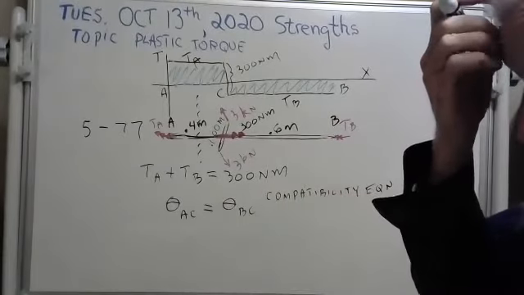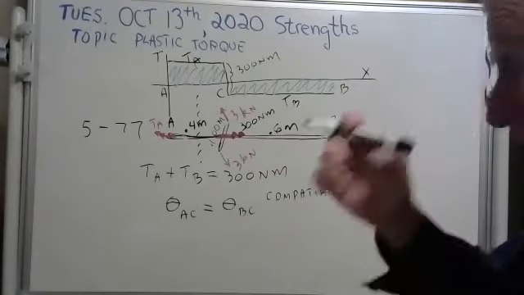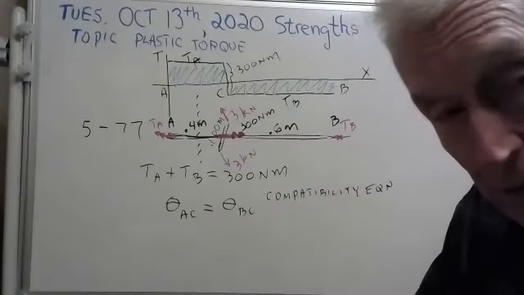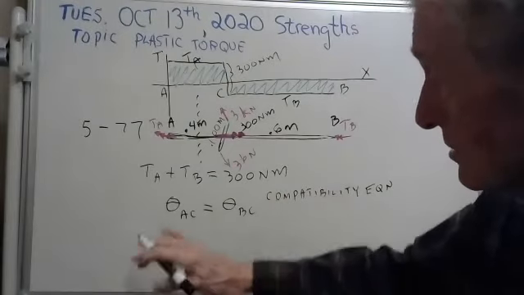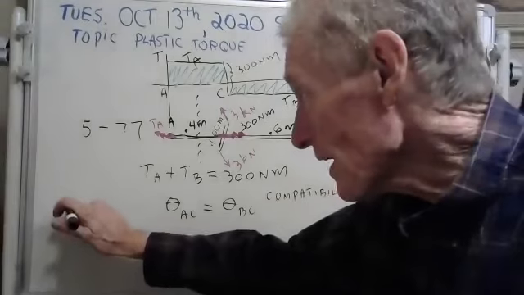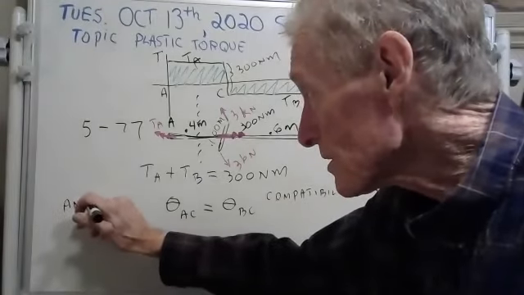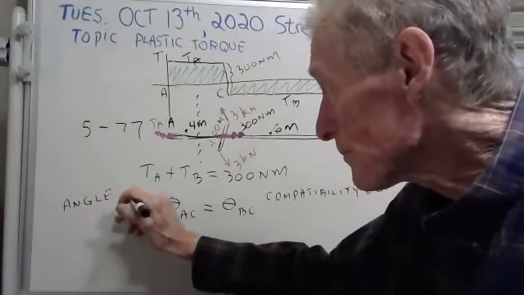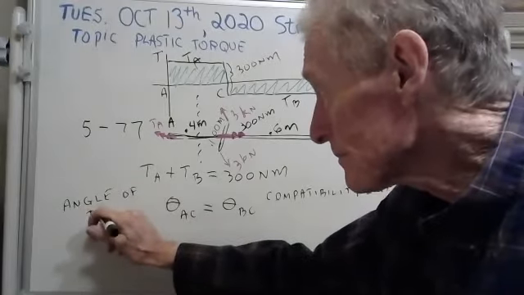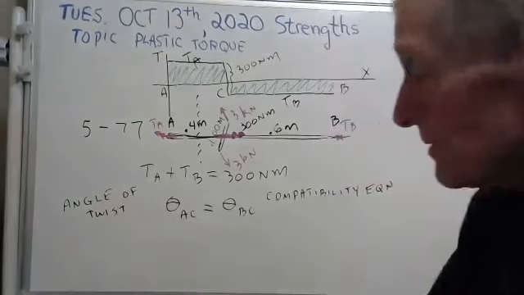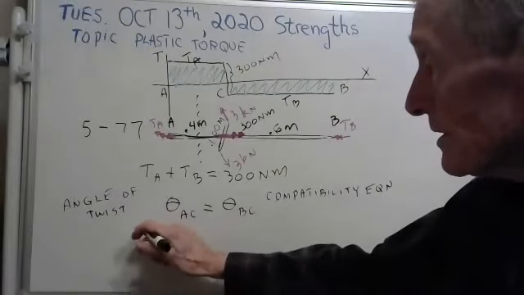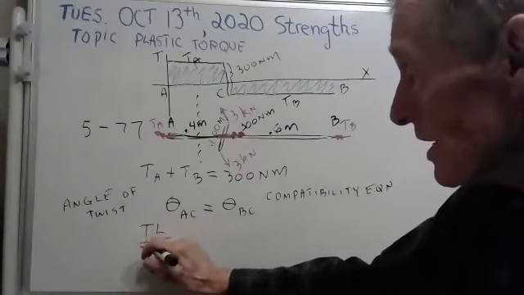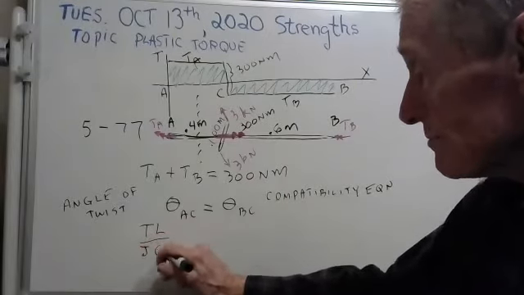That's the fancy name for it. Compatibility equations involve deformations. But we have a lovely equation for angle of twist. And we have an equation for it. It goes like this. TL over JG.